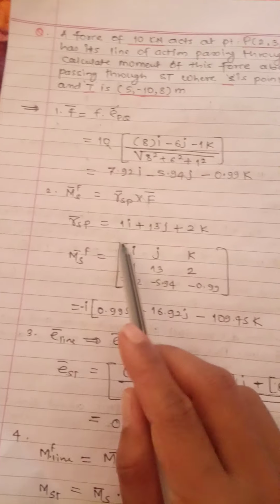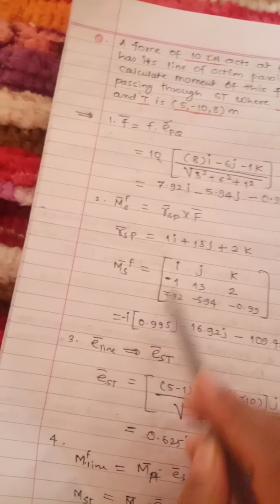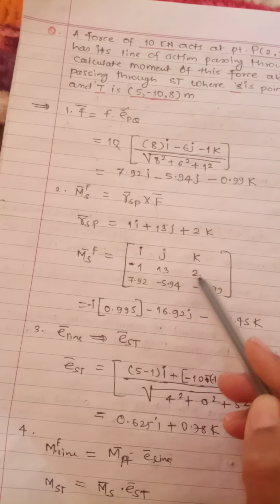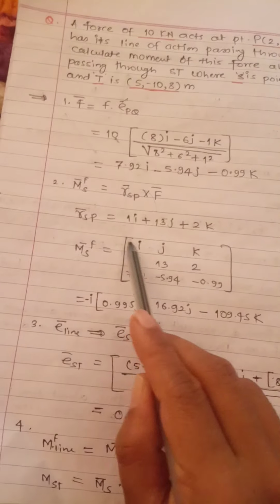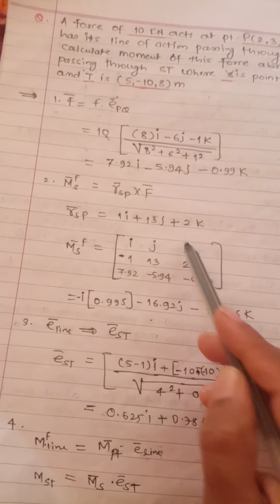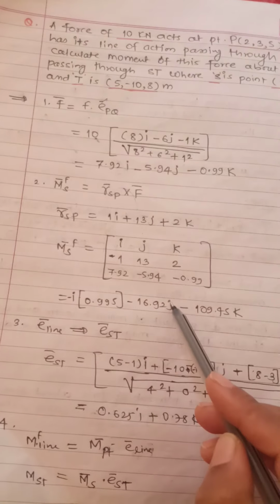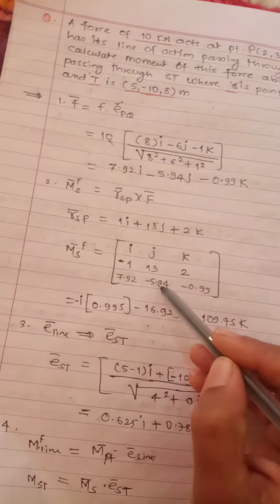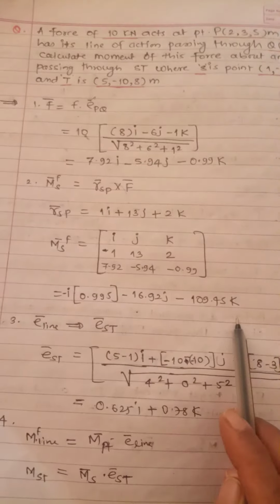You are supposed to solve it as a determinant. First will be i, leave this row and column, multiplication of these two minus this; then minus j, leave this row and column, multiplication of these two minus this; plus k, leave this row and column, multiplication of these two minus this. That will give you these values.